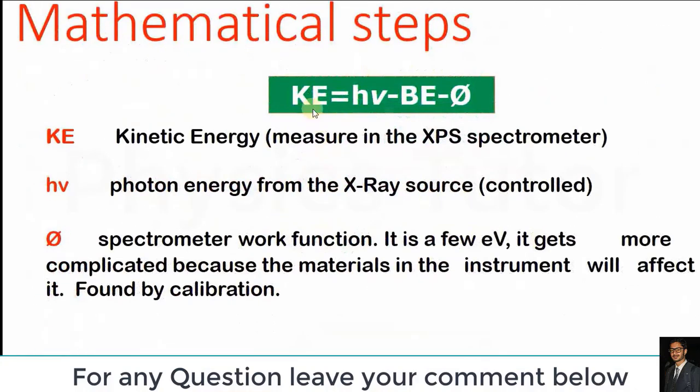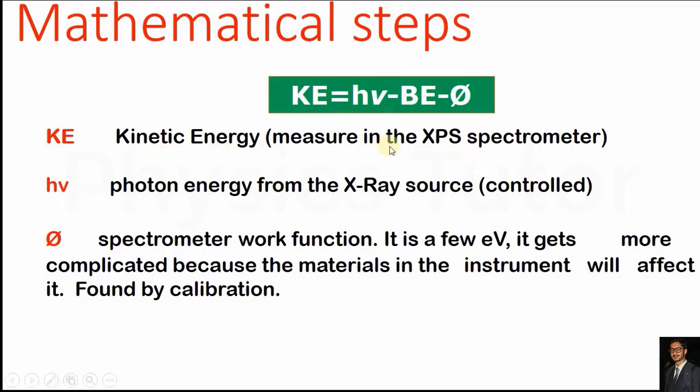In the mathematical step, if we see kinetic energy, h is the constant, Planck's constant, and v is the frequency, B is the binding energy, and phi is the work function. The kinetic energy is measured in the XPS spectrometer, the photon energy from the X-ray source is controlled, and the spectrometer work function is a few electron volts. It gets more complicated because the material in the instrument will affect it, which is handled by calibration.